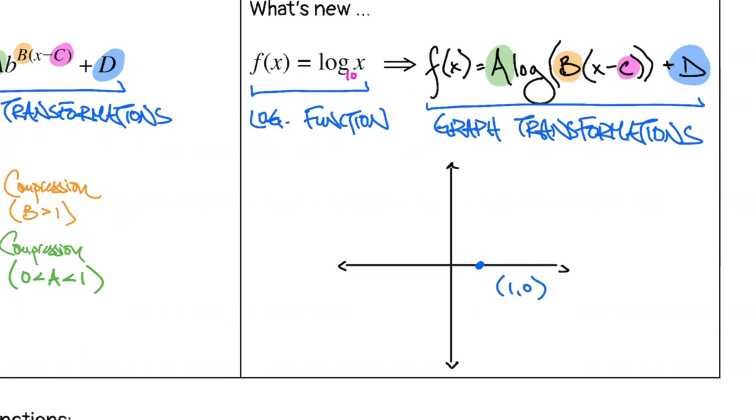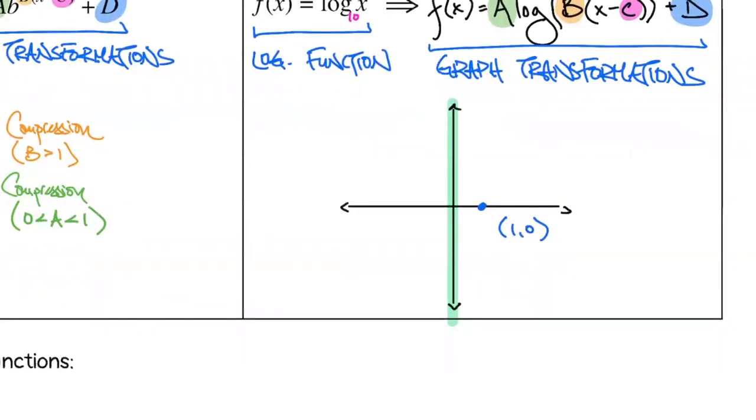All right, what other features does a log function have? Did it have a vertical asymptote? It does, sure does. And so that's something that we want to make sure that we draw in. We've got this vertical asymptote. I think we had chosen a different color. We've got our vertical asymptote here. And what would the equation of this vertical asymptote be? x equals 0.